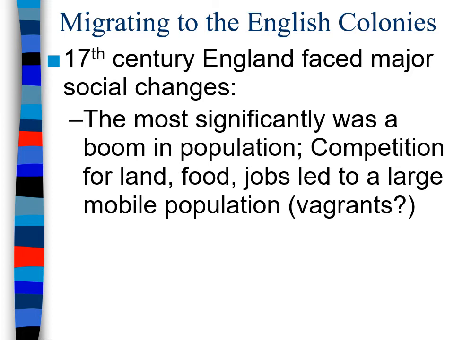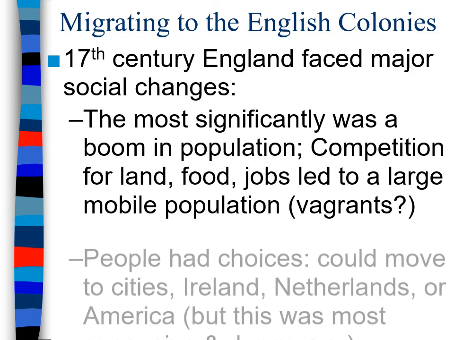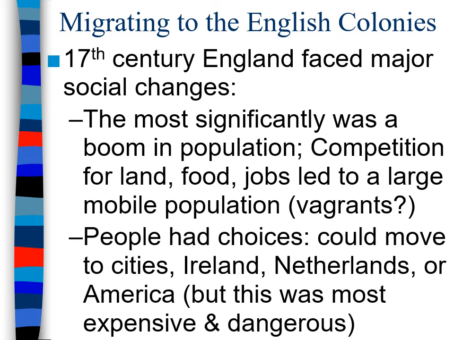And because of that, it was a very mobile population in England. They're kind of like vagrants. They're moving from place to place where the jobs are, where the food is, where the opportunities are. It's not going to be that stationary. And so because of that, people are looking for better situations because it's not really working for a lot of individuals.